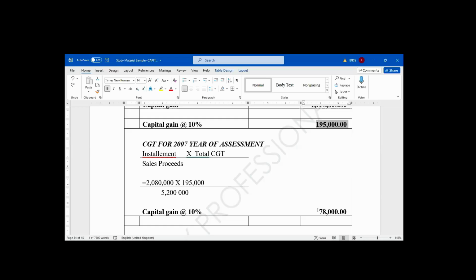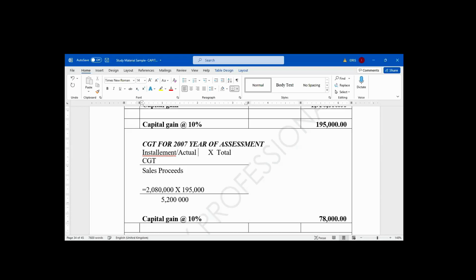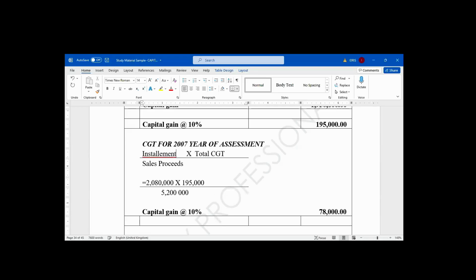Instead of using installment here, we can say actual payment made. How much is the actual payment the buyer made in 2007? 2,080,000. So it's the same thing. Do you understand?